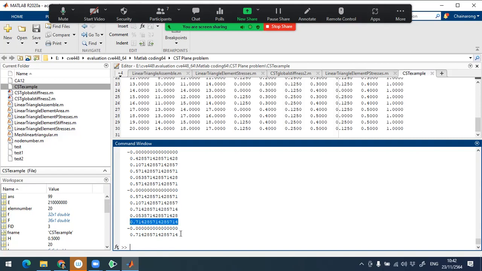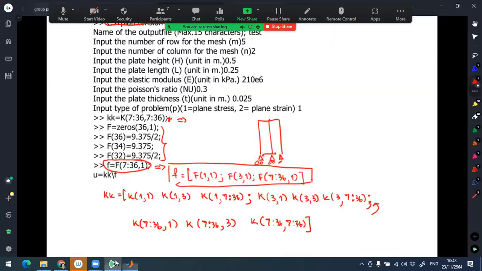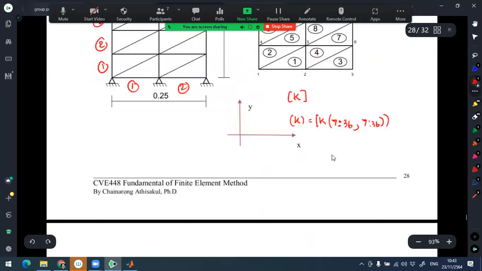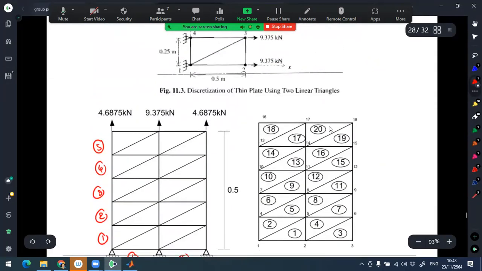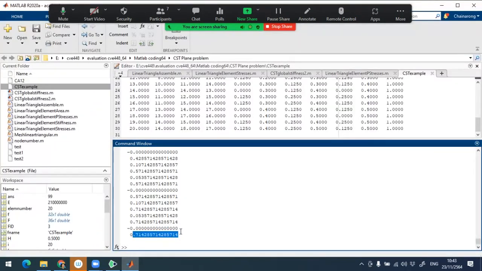It is displacement, right? Displacement in y direction for node numbers 18, 17, 16 in y direction. You have the solution identical to each other. It is 1 times 10 minus 5.